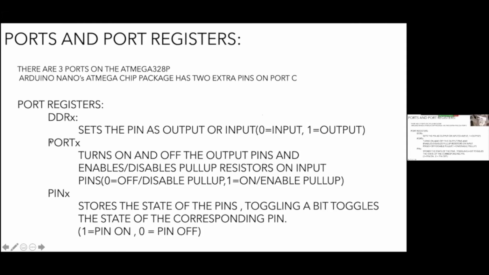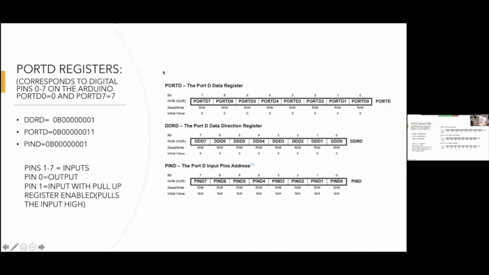Next, the PORT-X register can be used to either turn the output pins on and off or enable the pull-up resistor on the input pins. The PIN-X register stores the state of the pins, whether they are high or low. Toggling a bit on the PIN-X register will toggle the state of the pin also, but that's advanced.